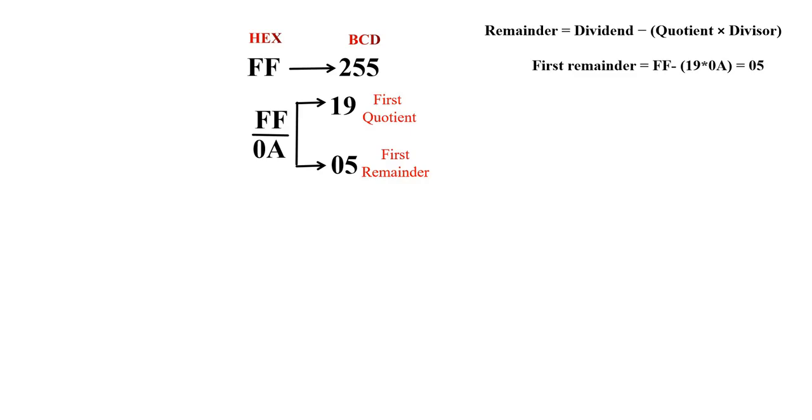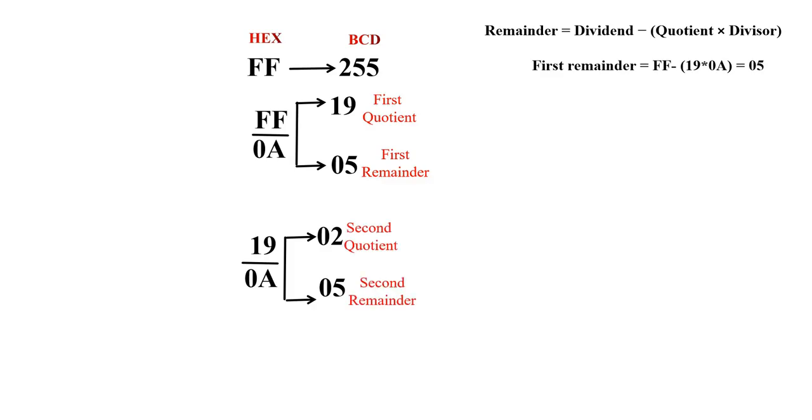Now we have to take the first quotient and again divide it by 0A for the second division. So I'll take 19, that is the first quotient, and divide it by 0A. Again you get a quotient and the remainder. The quotient will be 2 and the remainder is 5.